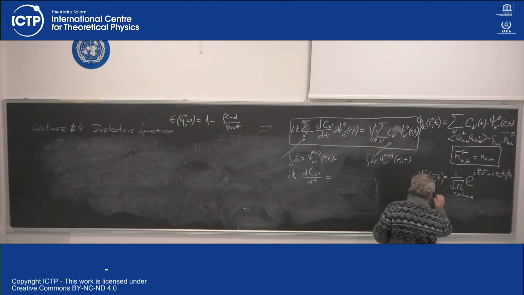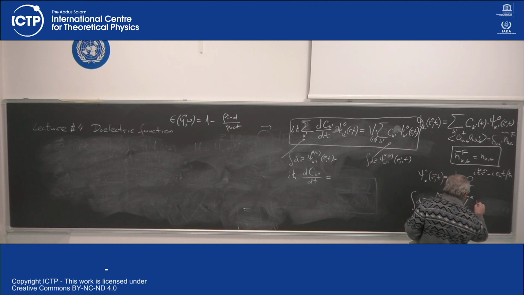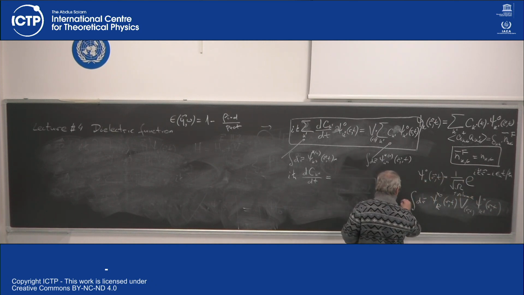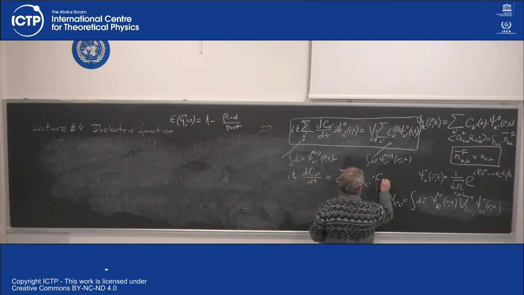I have the integral over dr of psi_k''^0 star (r,t) V(r,t) times psi_k'^0(r,t). And this I denote as V_k''k'. So this is a matrix element. So in the right-hand side, I have a sum over k prime of V_k''k' times c_k'.